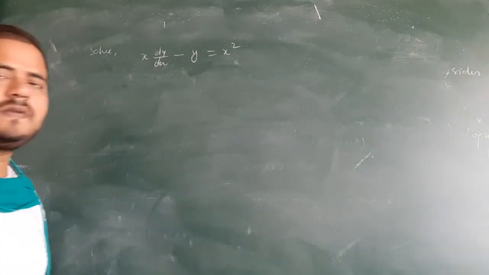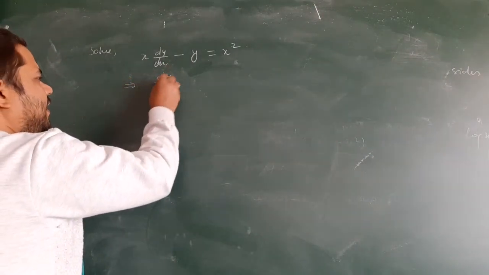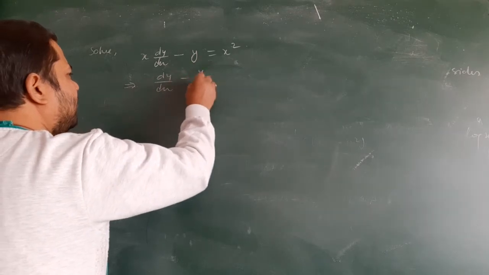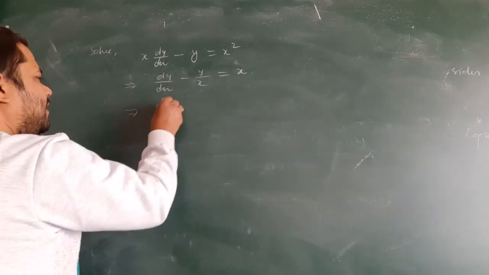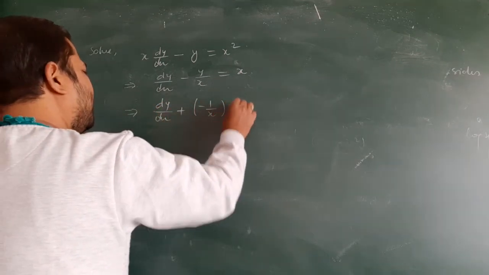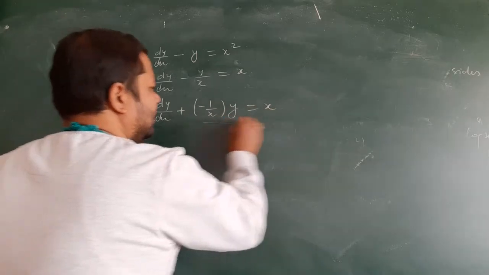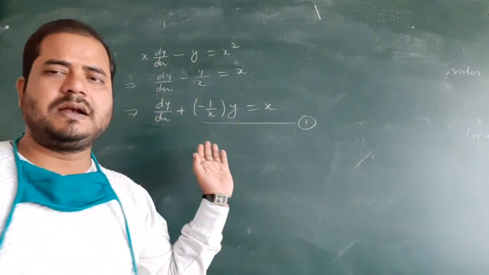Okay, so this is a linear differential equation. Why? Because dy by dx minus y by x is equal to x, and this you can write as dy by dx plus minus 1 by x into y is equal to x. This is equation number 1, and clearly this is a linear differential equation.